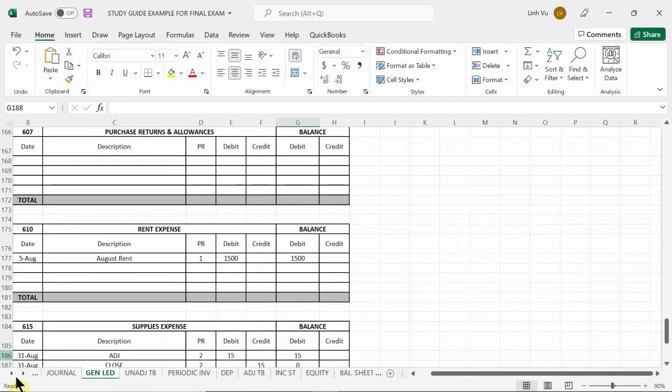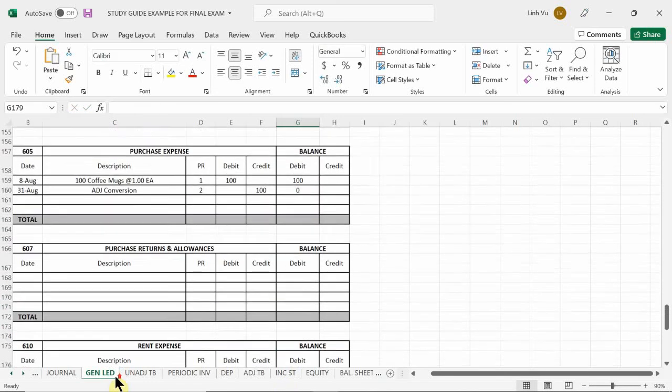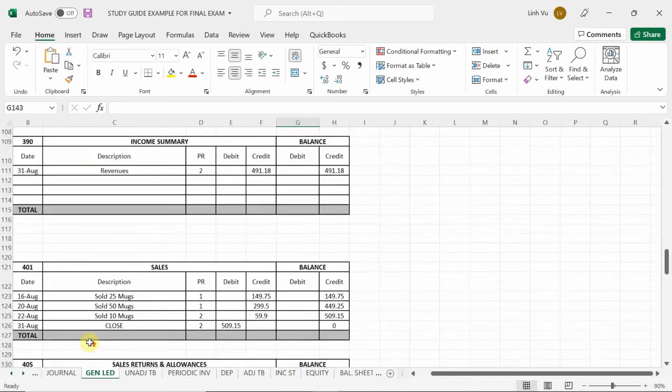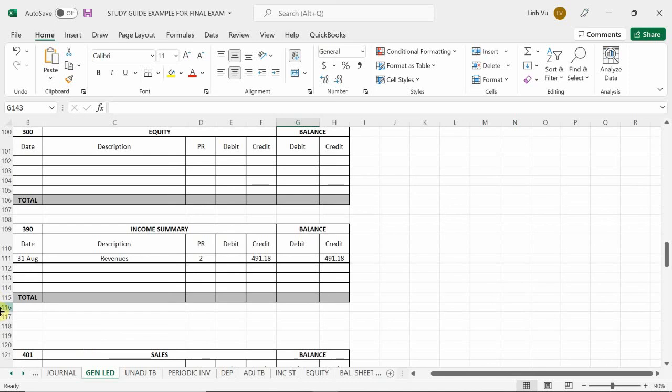We're going to close out my rent expense for $1,500, which will bring my account down to 0. We're going to zero out our cost of goods sold for $102.50 to bring my account back down to 0. And then last but not least, we need to update our income summary.